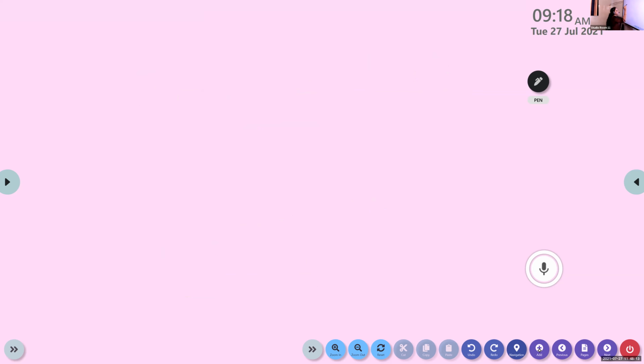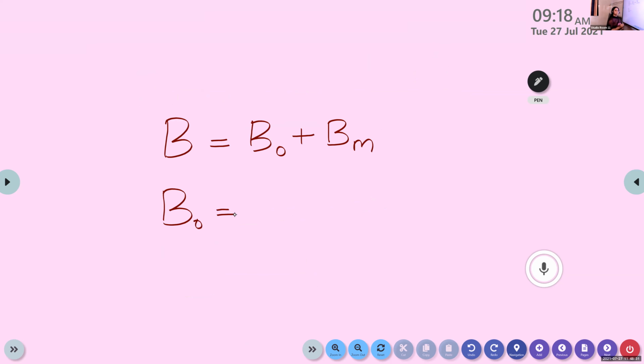Then the total magnetic field is B equal to B0 plus Bm. What is B0? We have already derived the relation between the magnetic field and the magnetic field intensity: B0 is equal to mu 0 H.